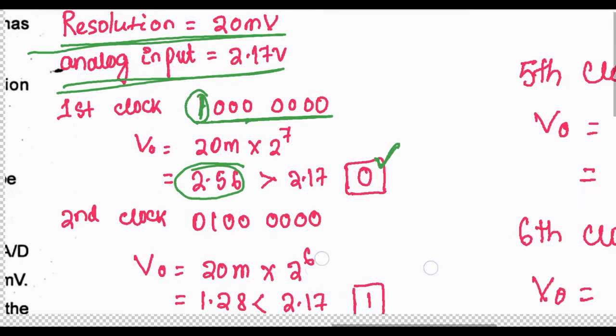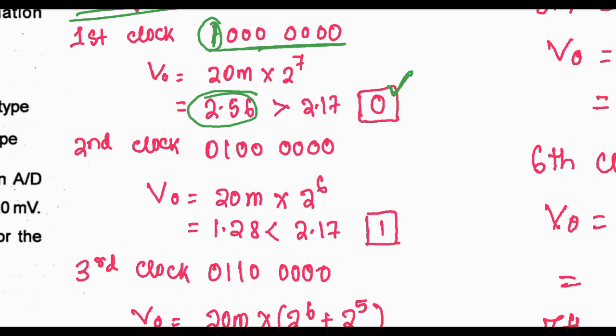Then that bit, the 8th bit, is now constant at 0, and we consider the second bit as 1 and the others 0, and find the output voltage.